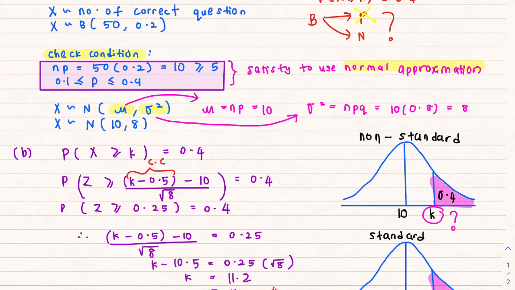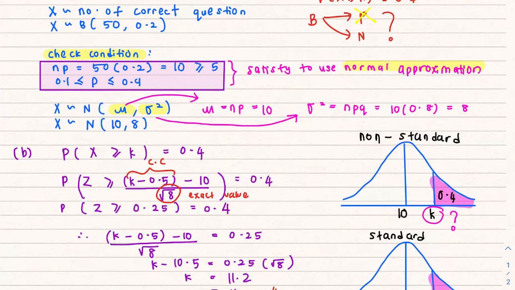And then the second step is you standardize. So standardize as usual, minus mu divided by sigma. So your mu is 10 and your sigma is square root of 8. Okay, one more thing I want to highlight is your sigma. Always use the exact value. So make sure you write square root of 8.